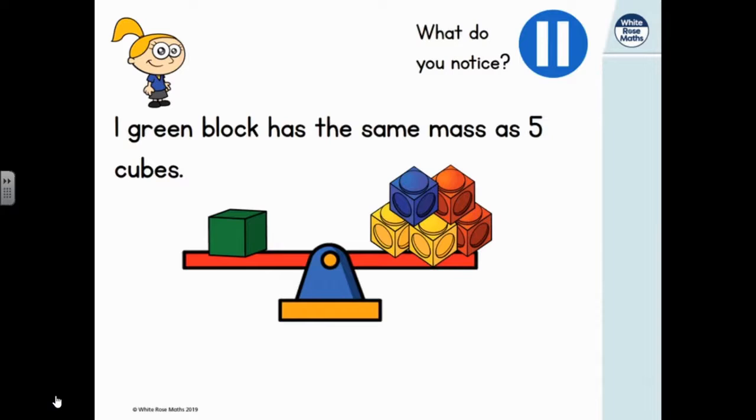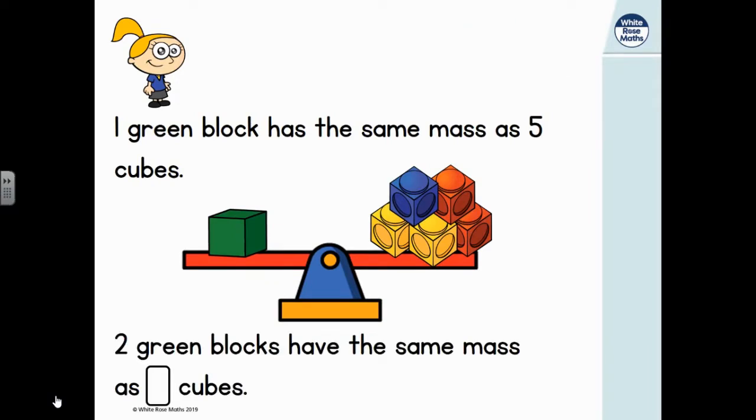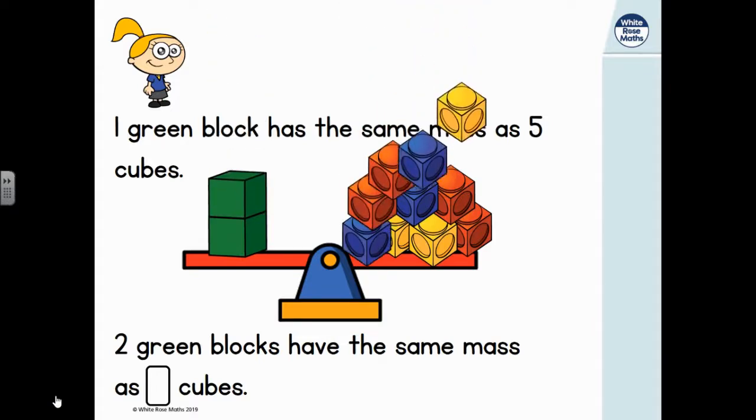But one green block isn't enough to balance with Eva, because she has the same mass as 11 cubes. What about 2 green blocks? If one green block has the same mass as 5 cubes, 2 green blocks will have the same mass as... That's right, 10 cubes.